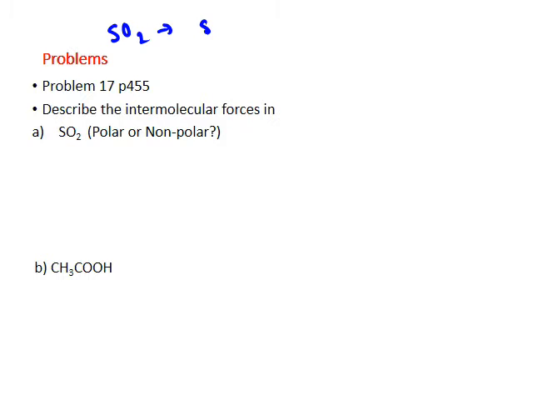So sulfur has 6 electrons. Oxygen is also from group 6A, so it would also have 6 electrons. Now we have 2 such oxygens, so 6 times 2, that's 12. Altogether we have 18 electrons, and we must account for 18 electrons in SO2.